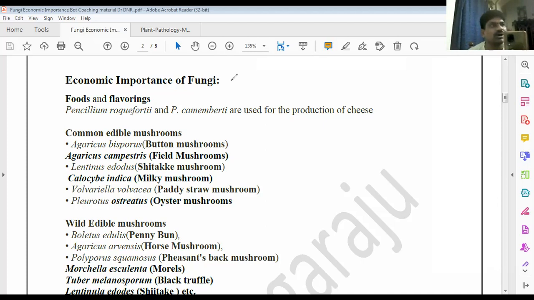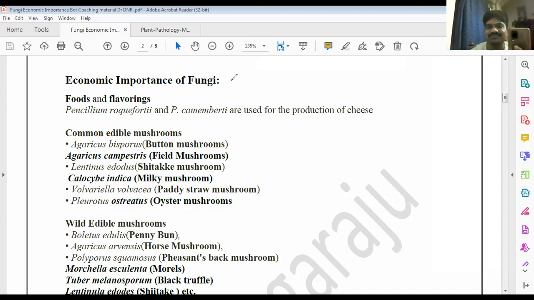And you know, our idli, jalebi, how are they prepared? There is a hidden technique in that.